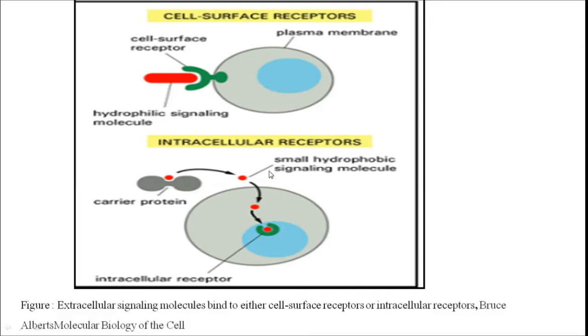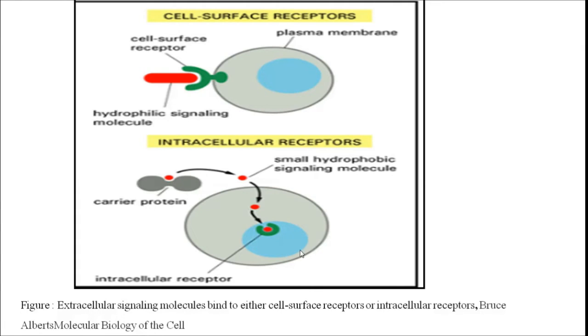The second mode of cell signaling is intracellular receptors. They play an important role. Here you can see the signal which was produced by a signaling cell. It may be carried by a carrier protein, as the signaling molecules involved in intracellular receptor signaling are small and hydrophobic, and therefore they are able to cross the plasma membrane of the target cell.